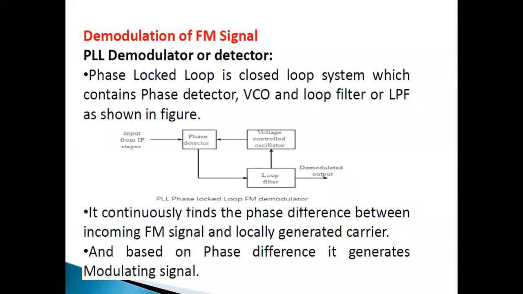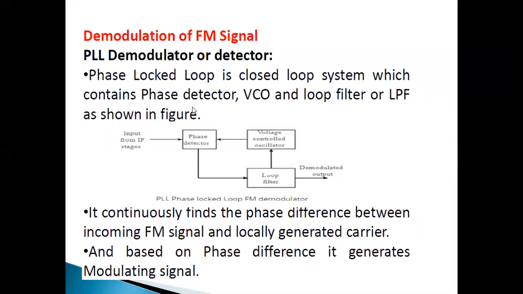We can use the phase locked loop method, which is very important and easy for demodulating the signal. So that is referred to as a PLL demodulator or detector. PLL stands for phase locked loop.